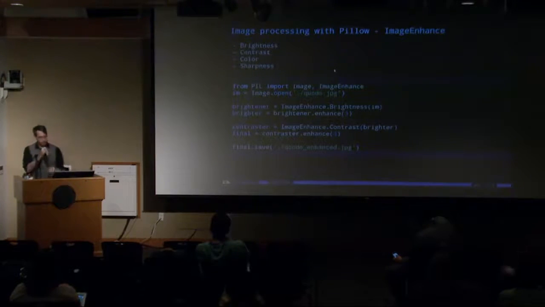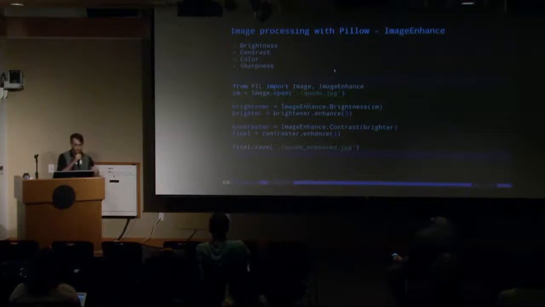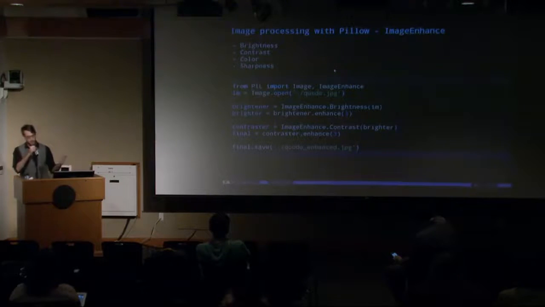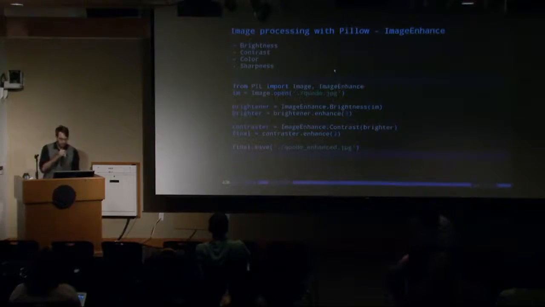And once we have that enhancer, we can call its enhance method and pass it a number. So that number, you can go less than 1, so a decimal between 0 and 1, to de-enhance, reduce whatever the effect is. Or you can go 1 point something all the way up to a factor of 3 to enhance. So we're going to increase the brightness a bunch.